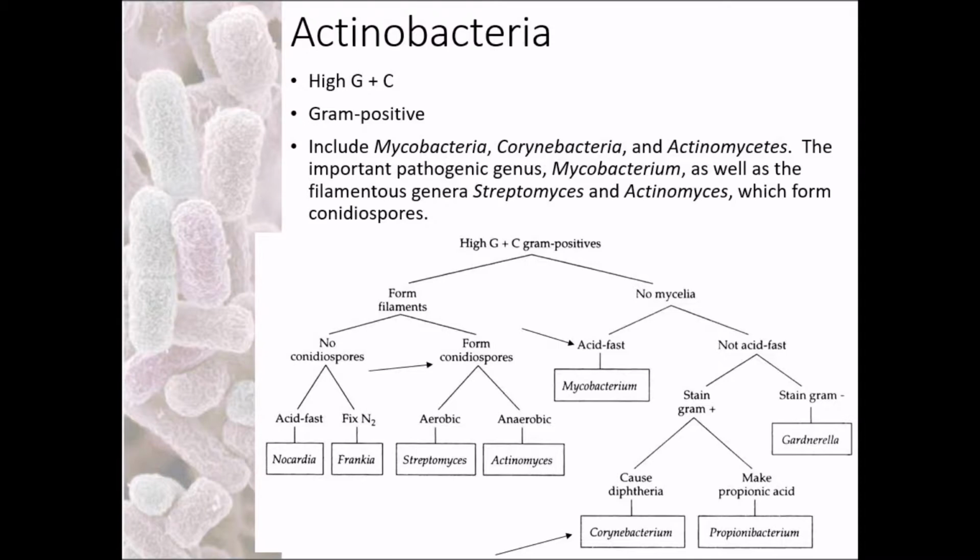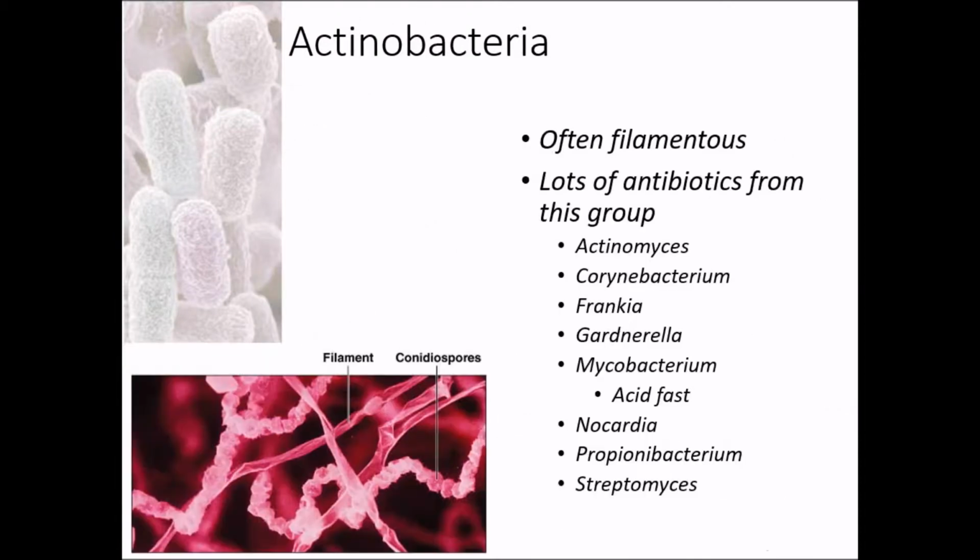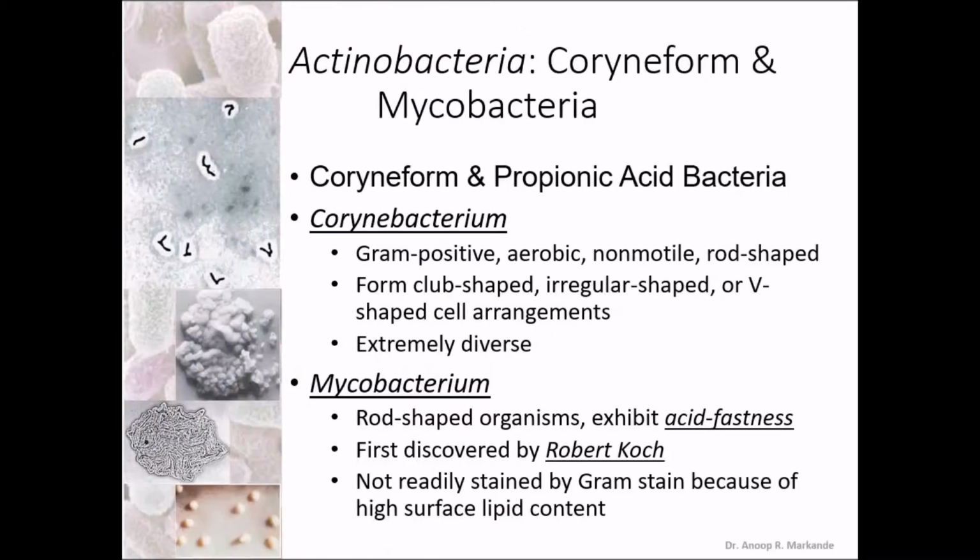Coryneform is a non-acid-fast stain but causes diphtheria, while Propionibacterium is an industrially important organism producing propionic acid. They are often filamentous, and many of the organisms are known to produce antibiotics.